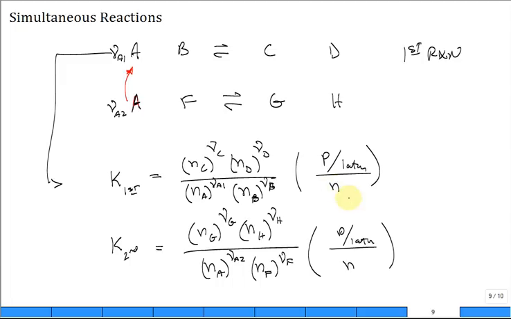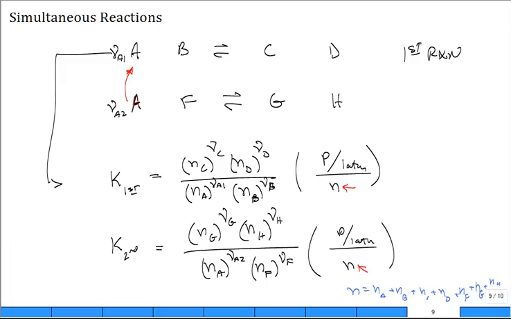And that n is the same as that n, and that n is the amount of A that's present in the mixture, the amount of B, the amount of C, the amount of D, the amount of F, the amount of G, and the amount of H. And if you had an inert, put that in too, because all of those are in equilibrium.